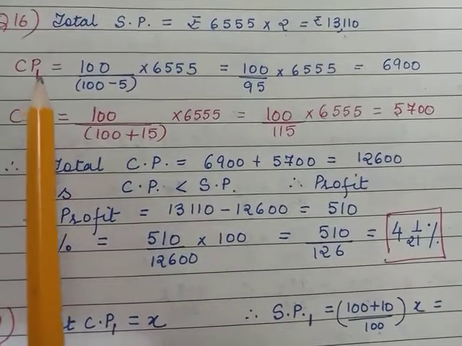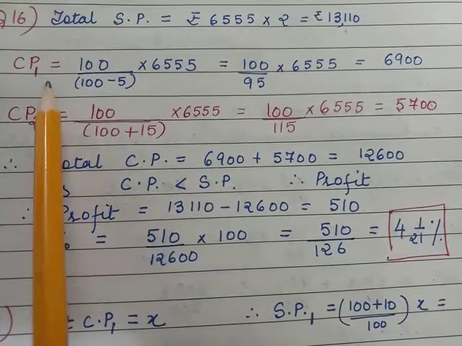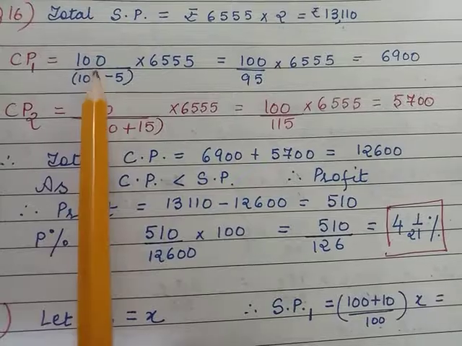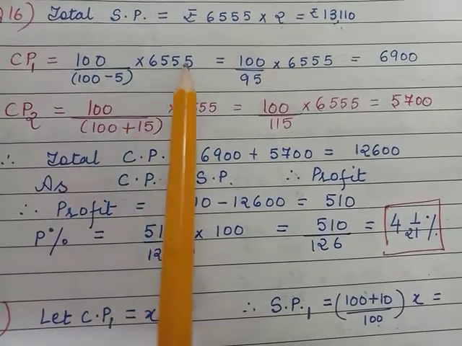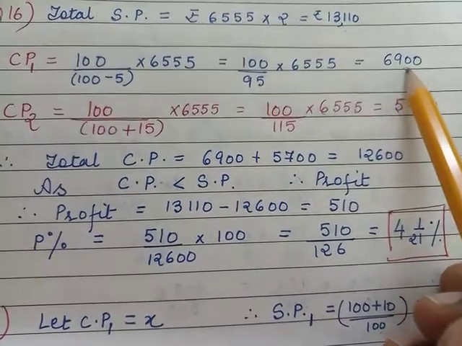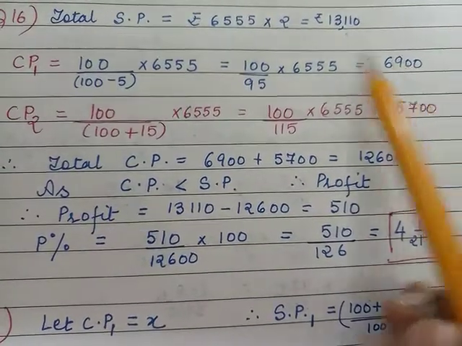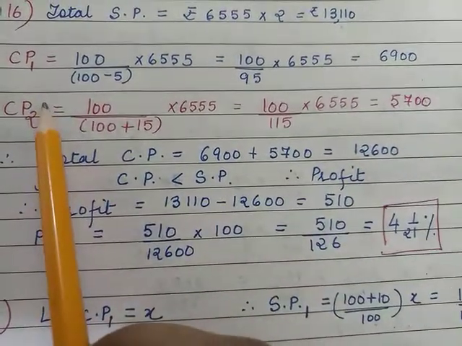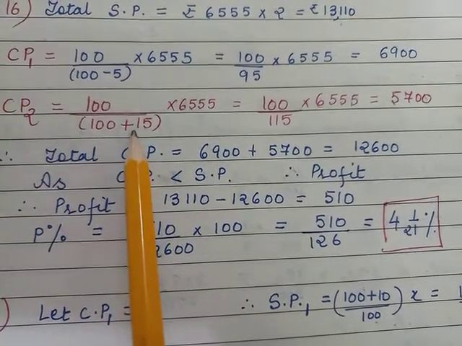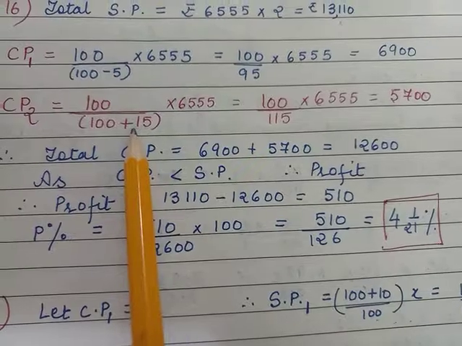Firstly we calculate the cost price of the first camera, that is the case of loss percent. So we write 100 upon 100 minus loss percent into selling price. That becomes 6,900.